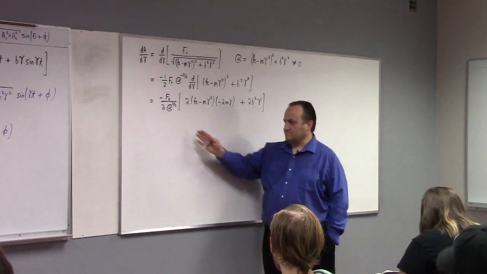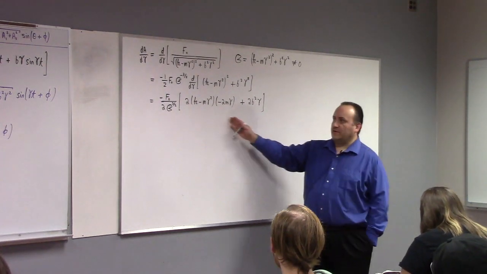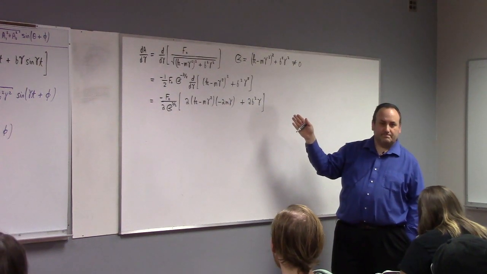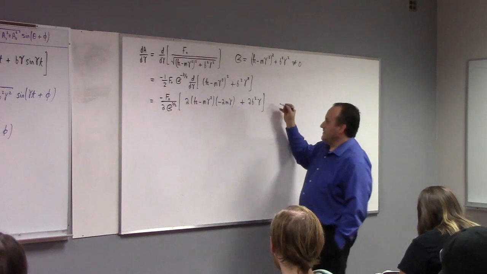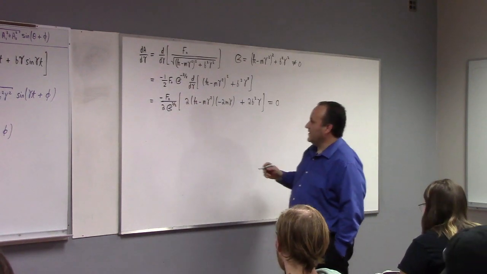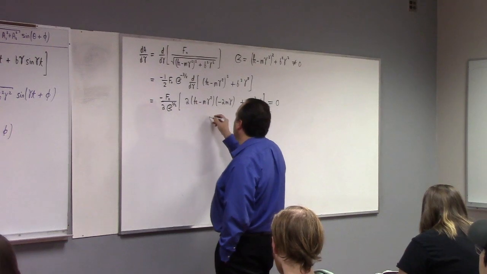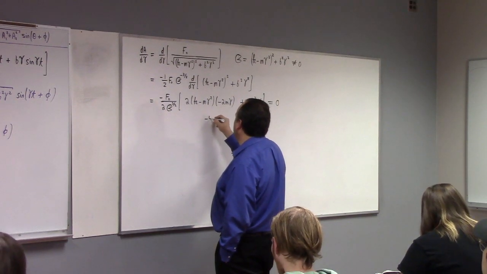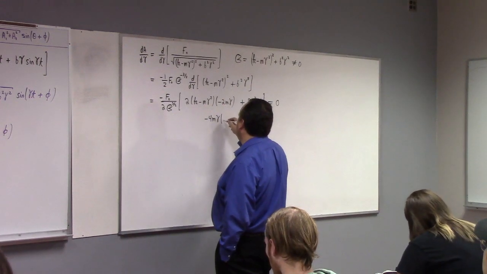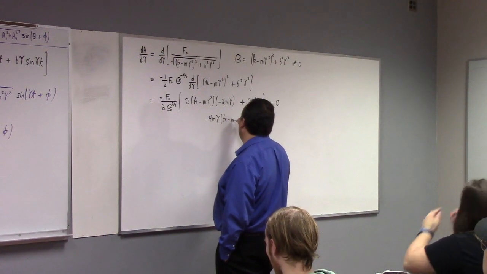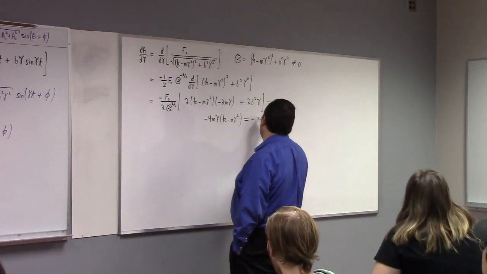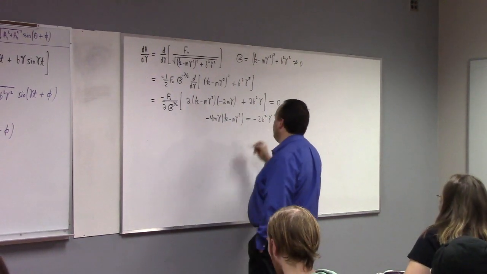That means that if there's going to be a critical frequency, it must come from the thing in the square brackets being 0. So if we set this equal to 0, we've got minus 4m gamma times (k minus m gamma squared) equals minus 2b squared gamma.